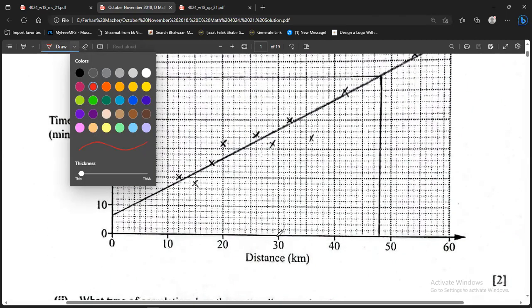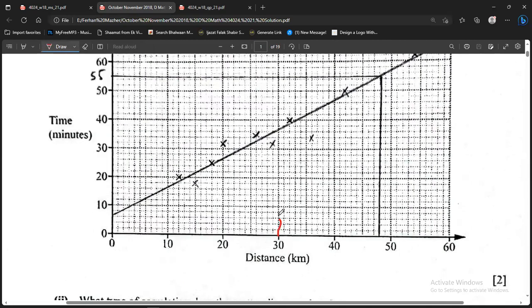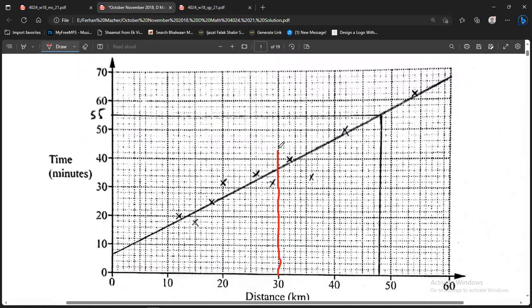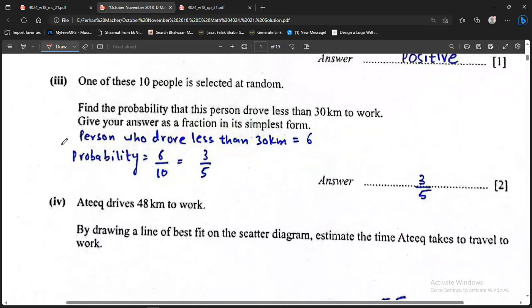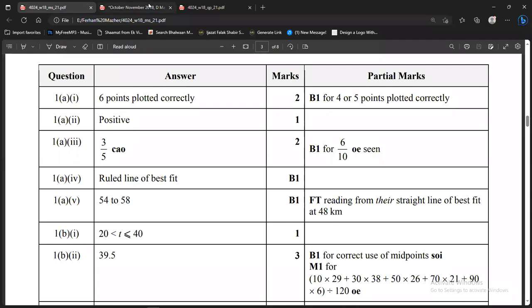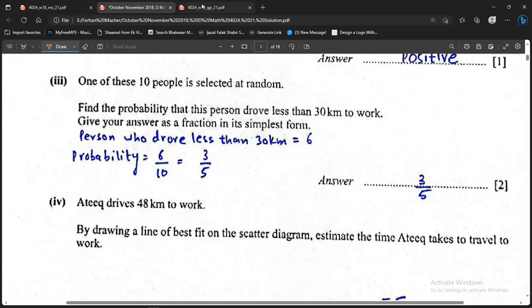This is 30. Less than 30 kilometers is 1, 2, 3, 4, 5, 6. So 6, total 10 people. So the probability will be 6 by 10. That is 3 by 5. I hope you understand this.